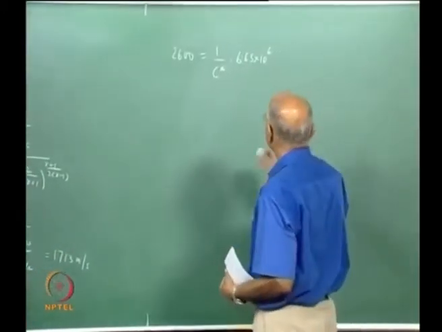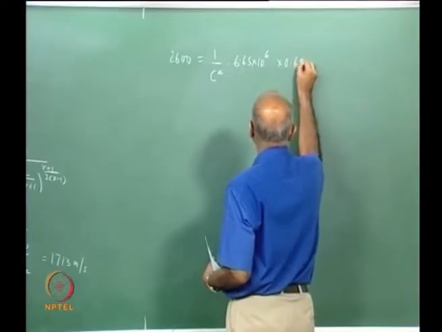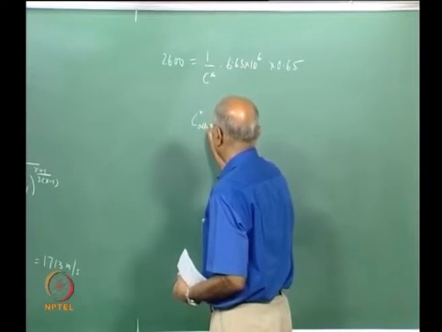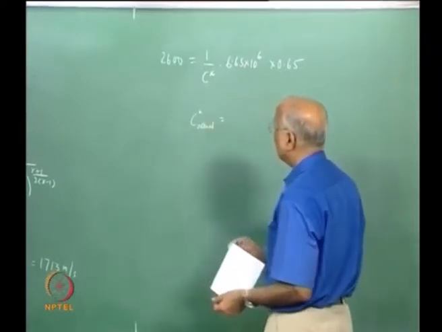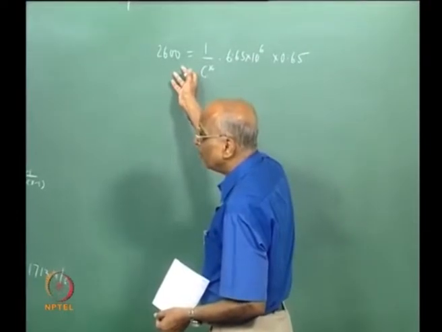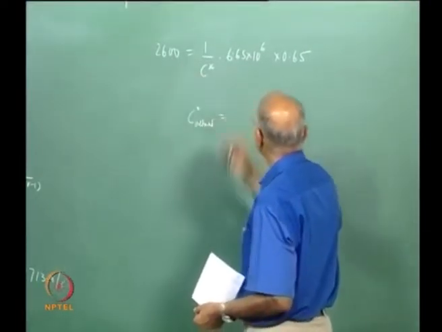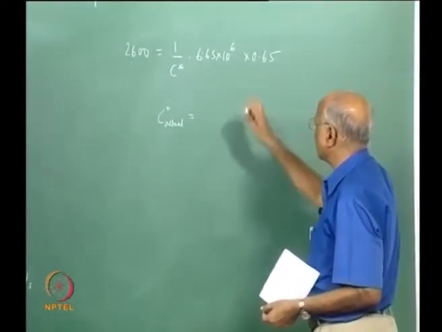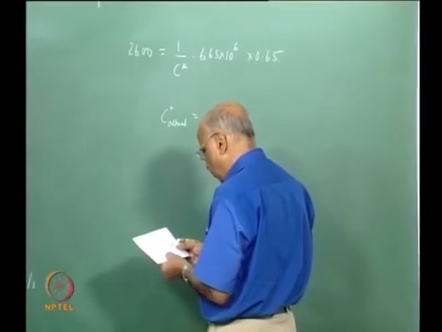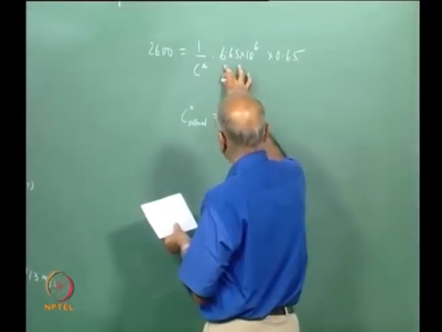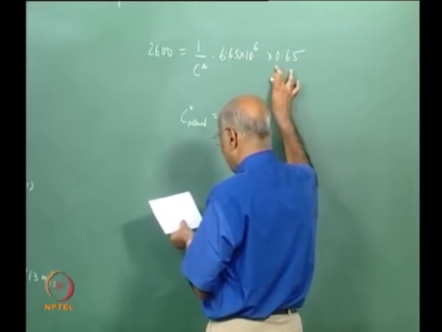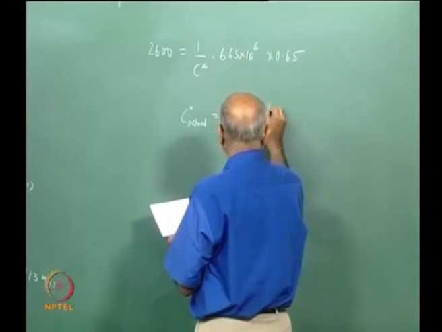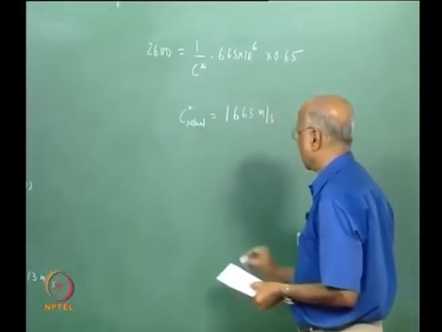AT is given as 0.65, and therefore the value of C star actual I calculate from this. C star will come out to be 6.65 into 10 to the power 6 into 0.65 divided by 2600, which is equal to 1663 meters per second.